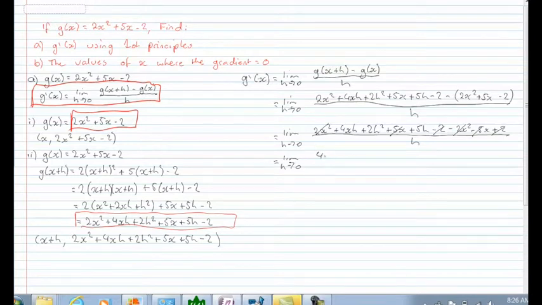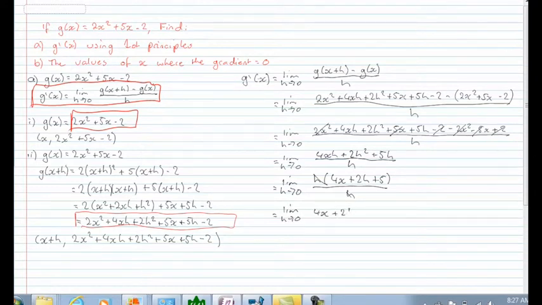So we end up with 4xh plus 2h squared plus 5h over h. Now as the limit of h approaches 0, we can factorise the numerator, so you end up getting h at the front, 4x plus 2h plus 5 over h, and of course the h's can cancel out, so the limit as h approaches 0 is equal to 4x plus 2h plus 5.